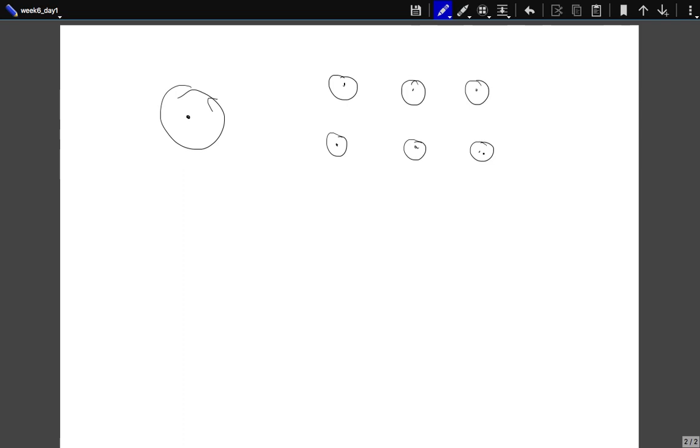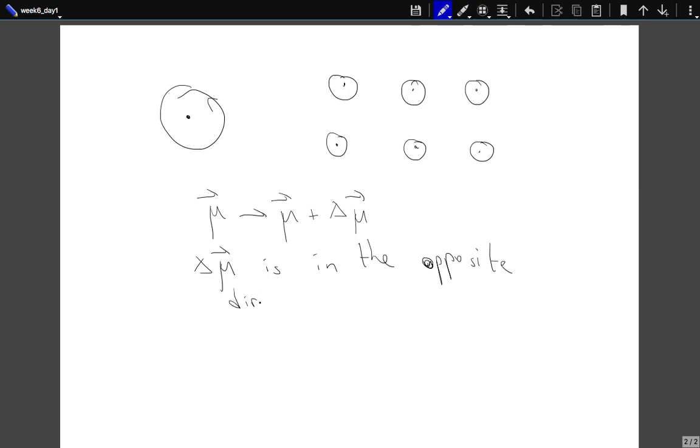The effect will be the induction of an additional magnetic dipole moment, and according to Lenz's law, delta mu is in the opposite direction. So all the electrons in an atom will acquire additional magnetic dipole moments in the opposite direction.